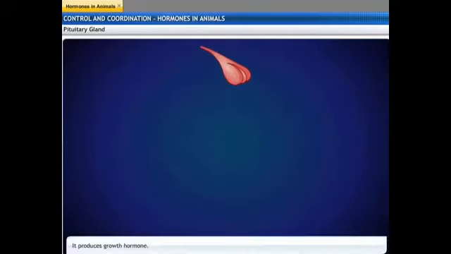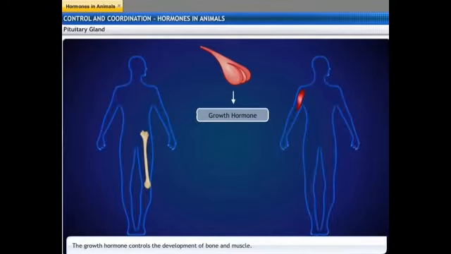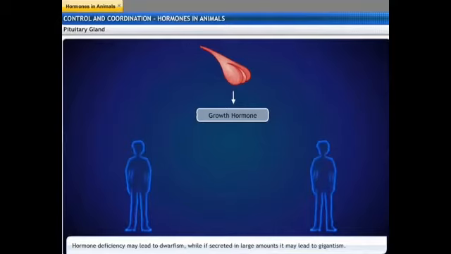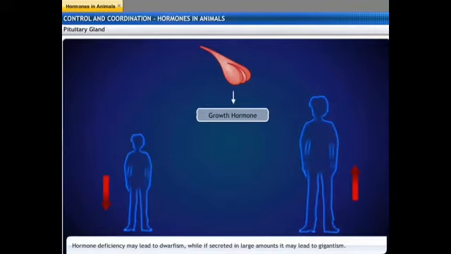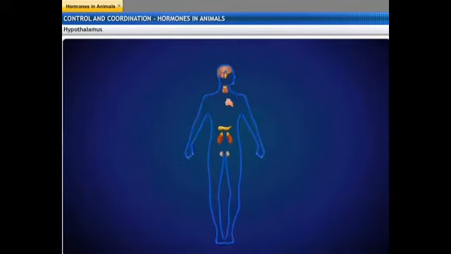It mainly produces one of the most important hormones, the growth hormone, which controls the development of the bones and the muscles. Hormone deficiency may lead to dwarfism, and if it is secreted in a larger amount, it might lead to gigantism. So the variations we observe in our life are because of the release of these hormones.